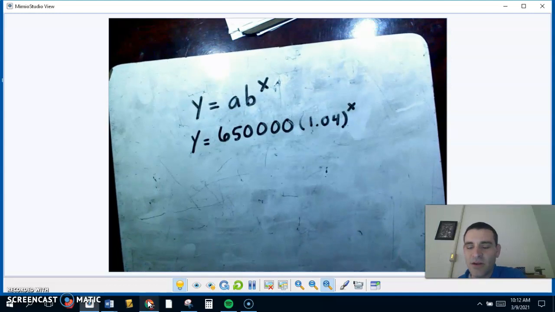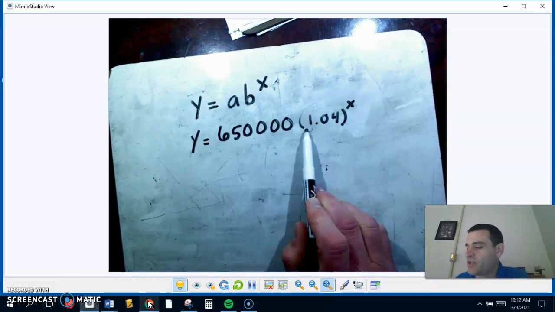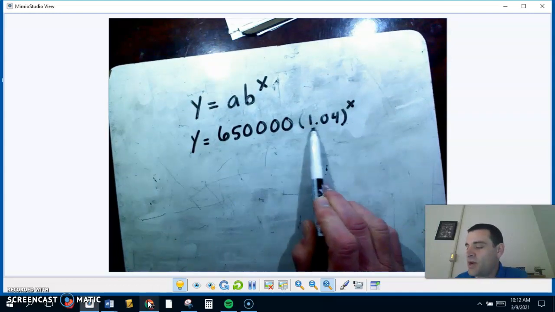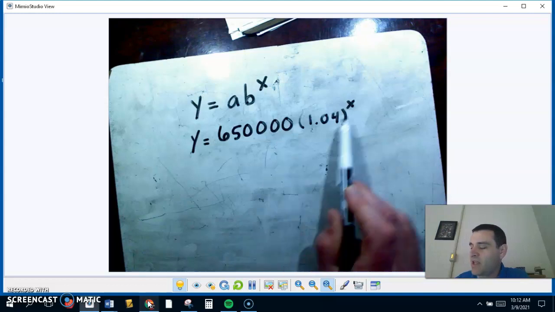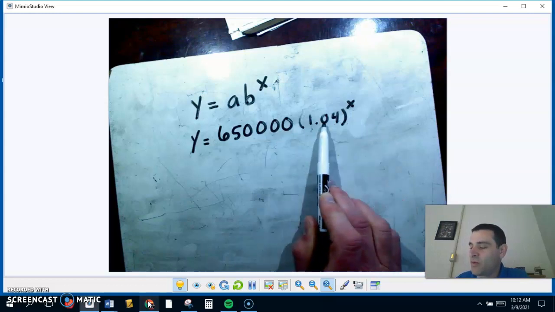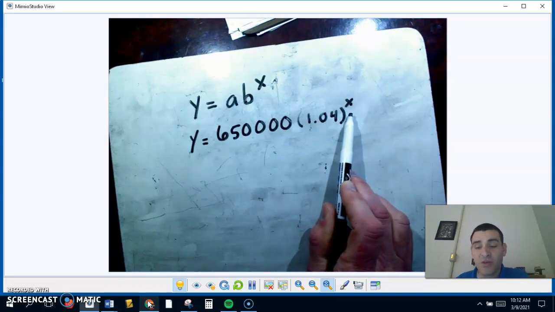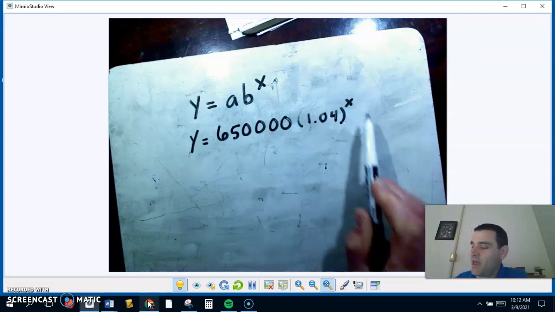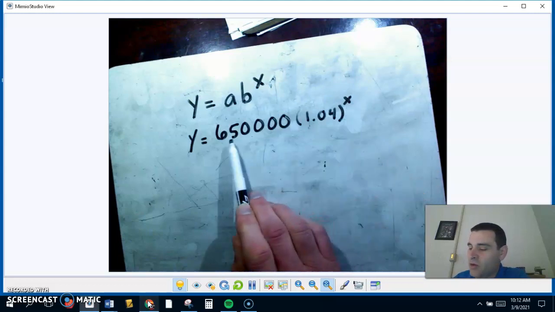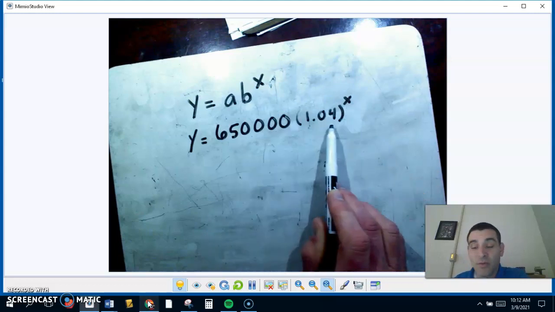The reason it's 1.04 is that this represents 104% of what you had originally. So at year 0, 1.04 raised to the 0 power would be just 1, and 1 times 650,000 is just 650,000. But at year 1, you multiply 650,000 times 1.04. That's taking 104% of it, which makes it a larger number.